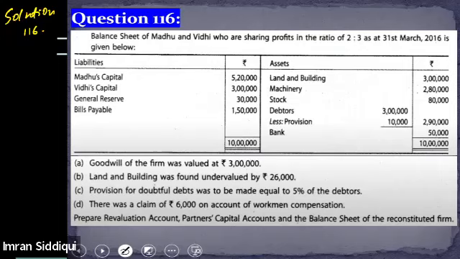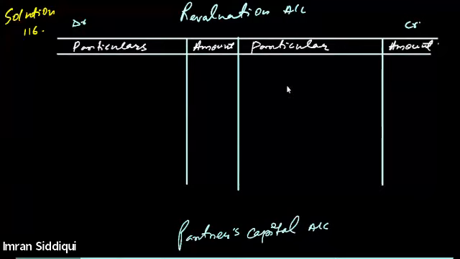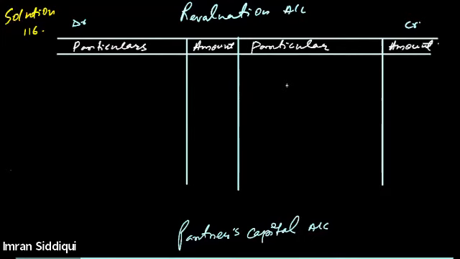Moving on to item B, land and building was found undervalued by 26,000. This is obviously an item relevant for the revaluation account. Since the value of the land and building is reducing, we'll go to the revaluation account and write down land and building is reducing by 26,000.